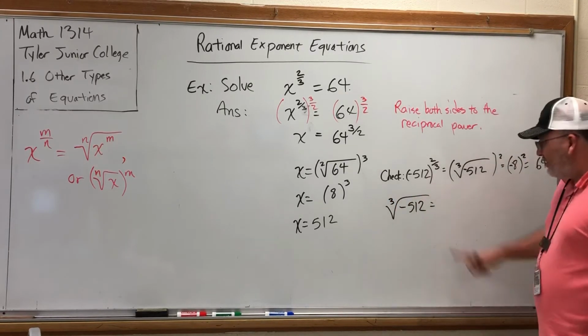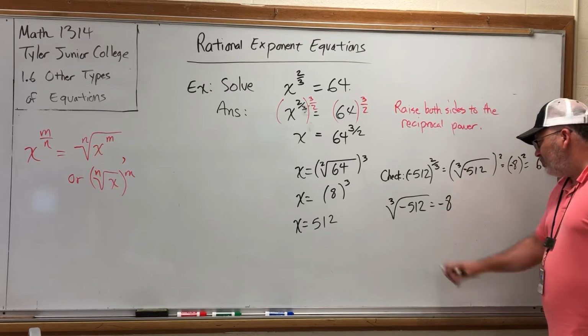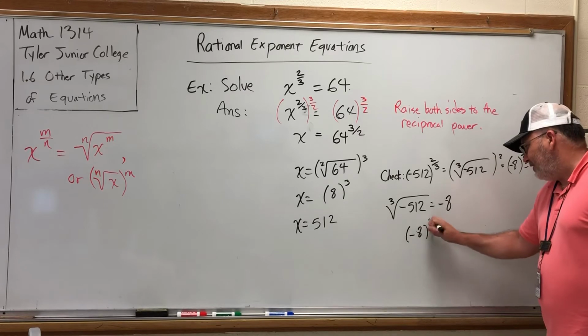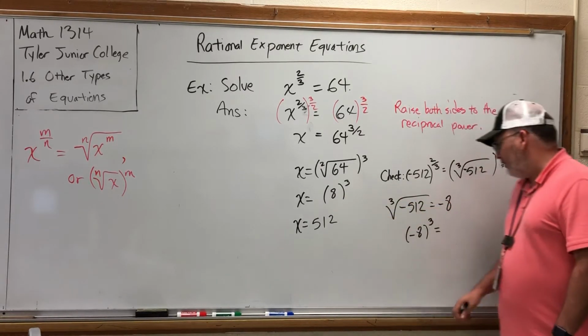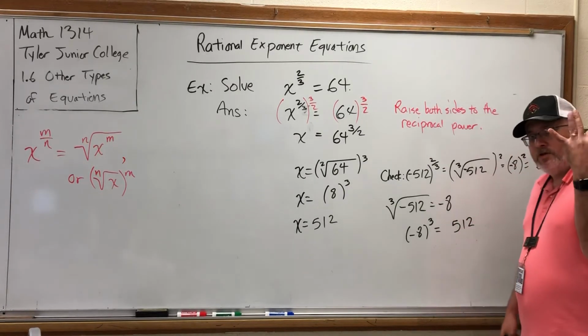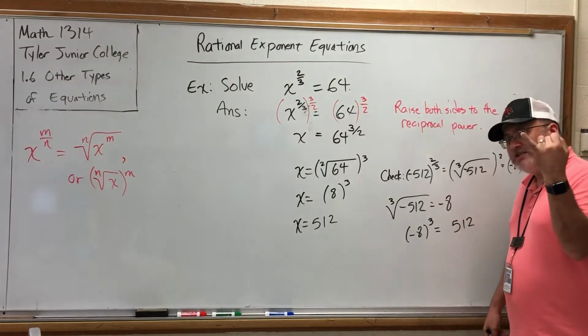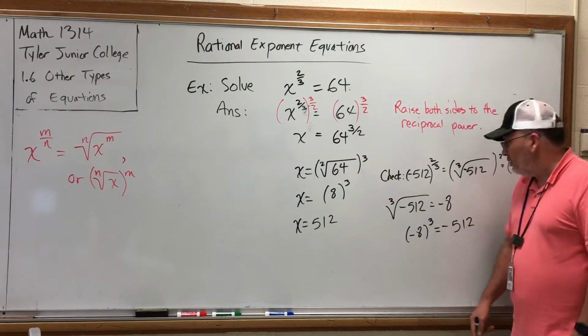If you're going to claim that the cube root of negative 512 is negative 8, then you should be able to check it by raising negative 8 to the third power. I already know that 8 to the third power is 512, but what happens when you multiply 3 negatives? The first two multiply and become positive, but then the third one swoops back in and makes it negative again.